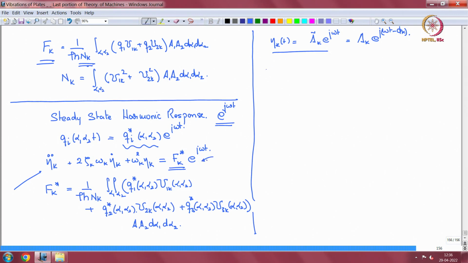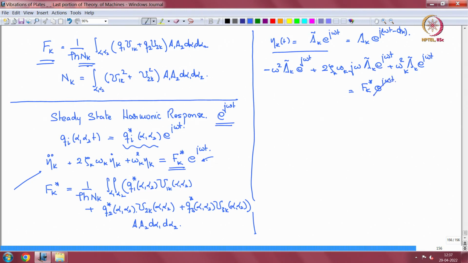I get minus omega squared gamma k tilde e to the power j omega t plus twice zeta k omega k j omega gamma k tilde e to the power j omega t plus omega k squared gamma k tilde e to the power j omega t is equal to F_k star e to the power of j omega t.